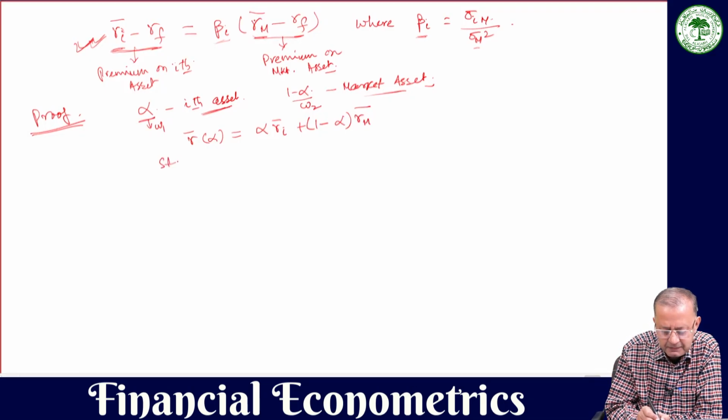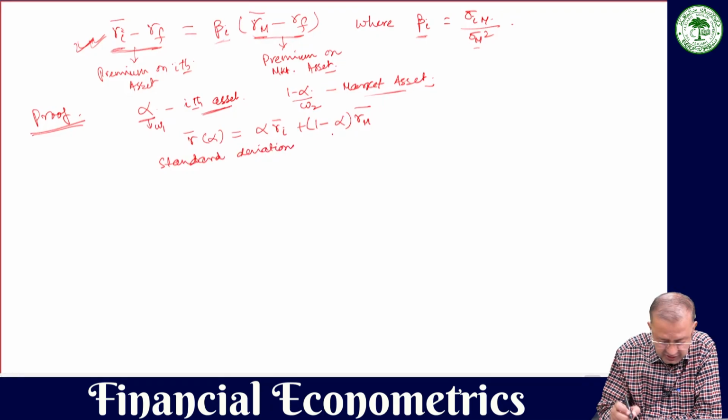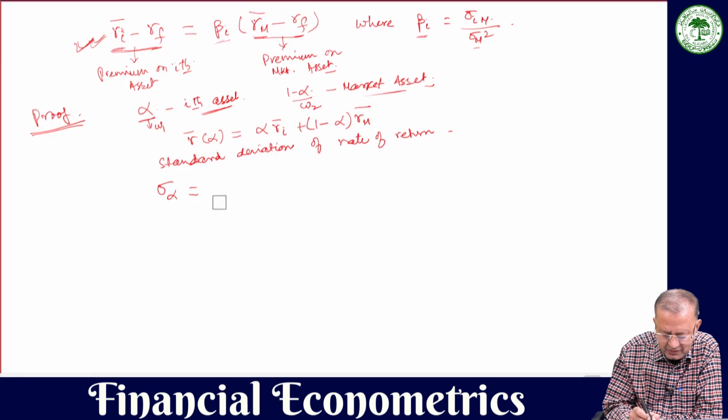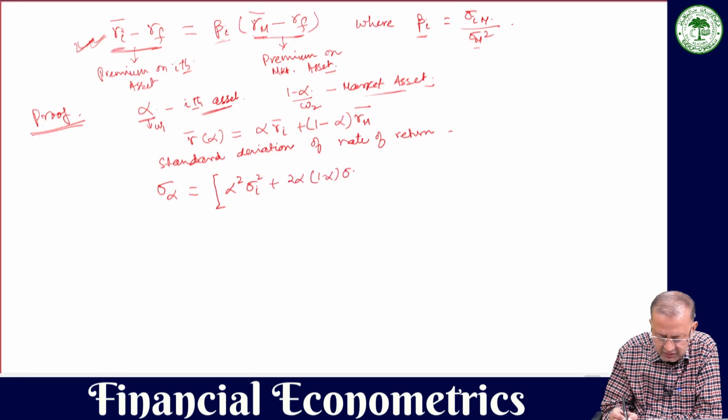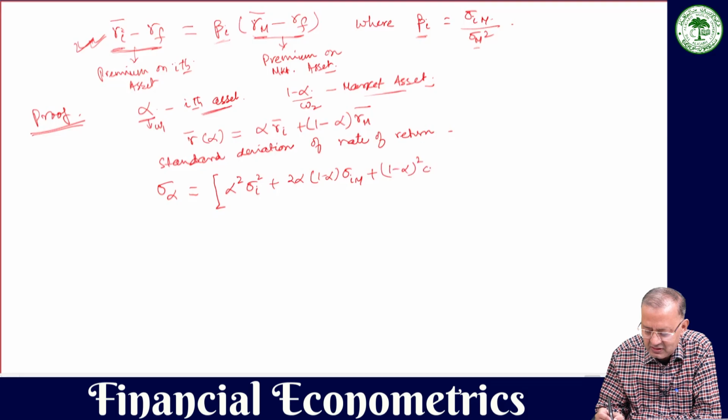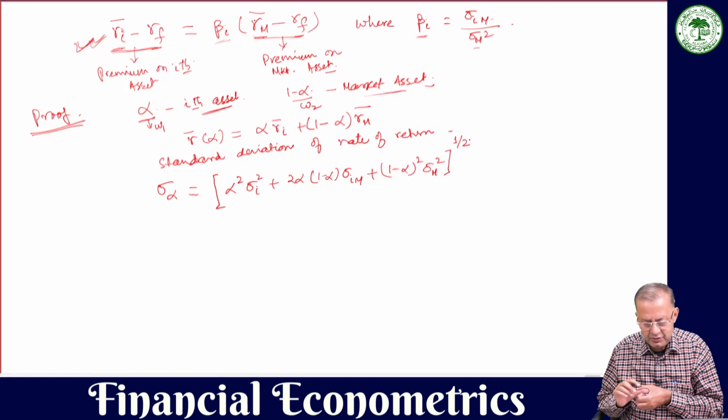And the standard deviation of the rate of return, which we denote by sigma alpha, will be equal to the square root of the variance: alpha square sigma i square plus twice alpha (1 minus alpha) sigma im, where sigma im is the covariance term, plus (1 minus alpha) square sigma m square, all raised to the power 1 by 2.